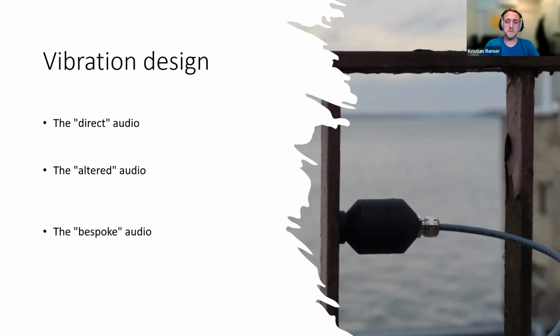And then we have the bespoke way. The bespoke way is using something like this, the Geophone microphone, which is a surface microphone that records vibrations. It's used for recording ground movement and observing things, but we can also use it in sound design to record sub-hearing content and vibrations.